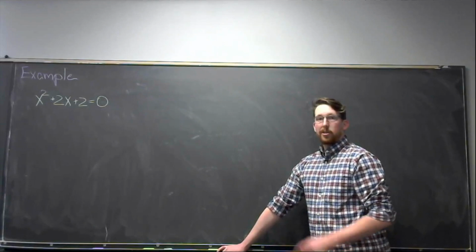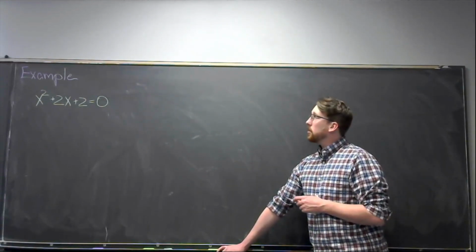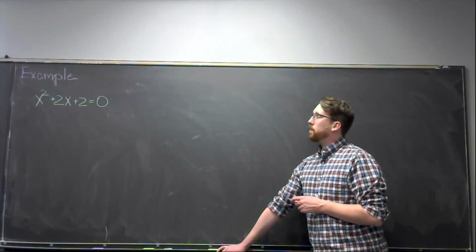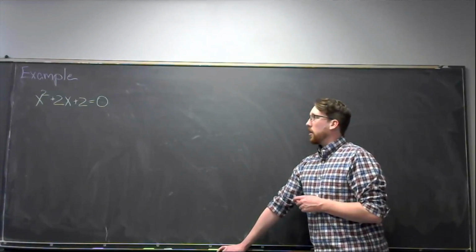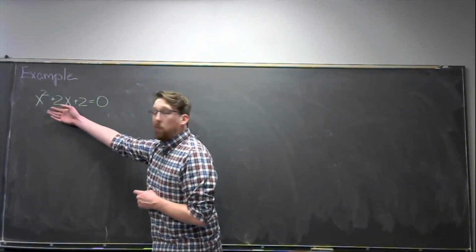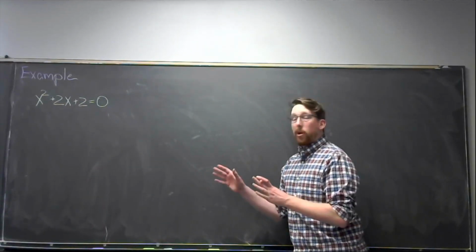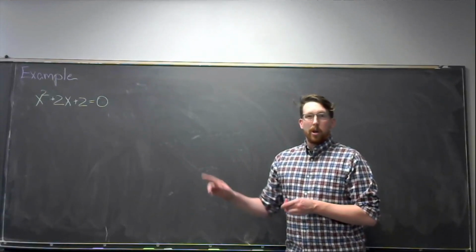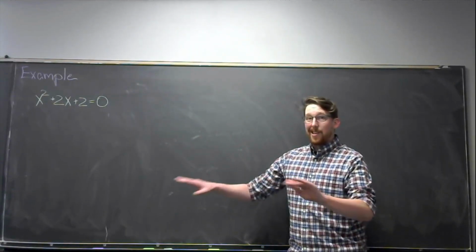All right, so for this problem, we want to find the solution to our polynomial. Well, that means we're going to need to apply the quadratic formula, right? Because this is x squared, we can do that. Again, we can only apply the quadratic formula to polynomials of degree 2. That's the only time.